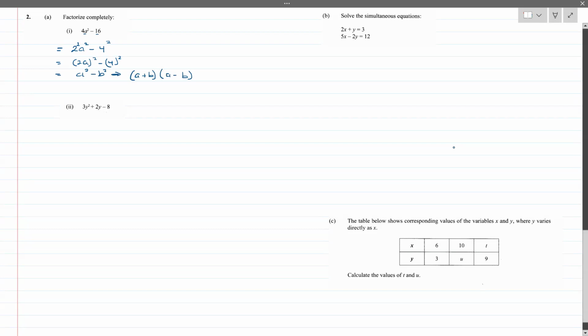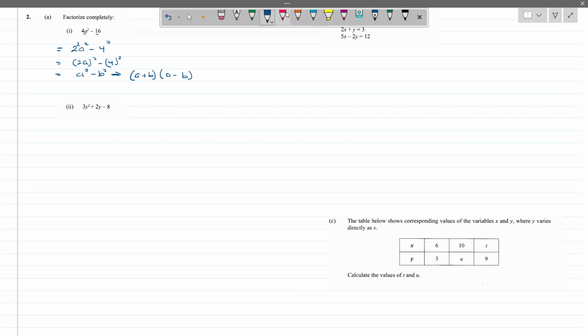In this instance, 2a all squared is our a value, and the 4 is our b value. So if we factorize this, we can write it as 2a plus 4 by 2a minus 4. Yeah?